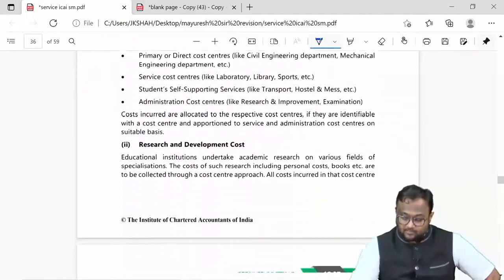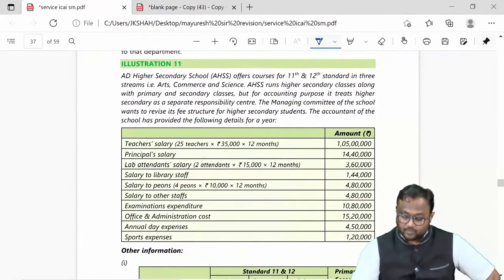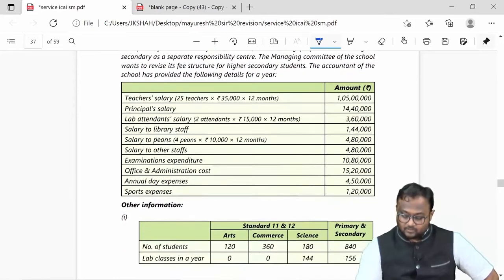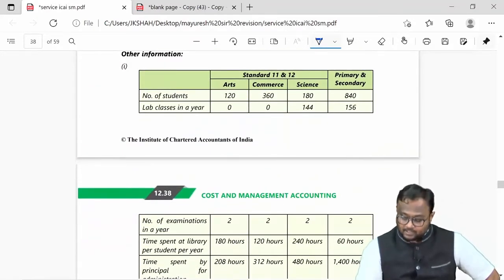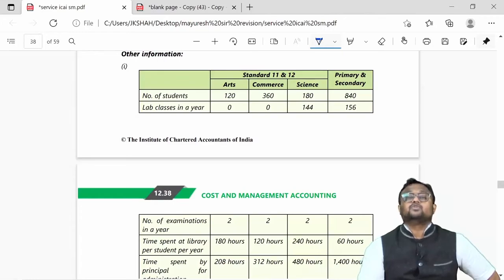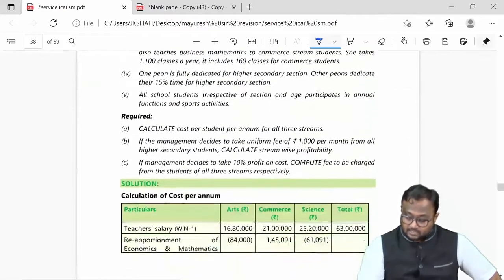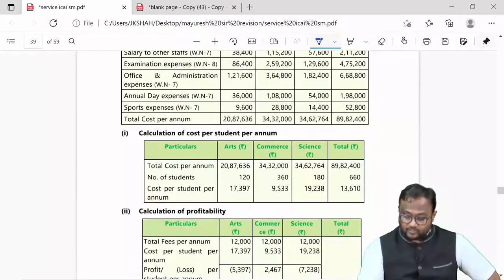Your second important query was regarding this question number 11. See, there was a teacher whose remuneration was allocated. The teacher was working for certain number of hours and she was paid some amount of money. The teacher was common for arts and commerce and later commerce and science. So guys, please try to understand one thing. You first calculate cost of teacher.